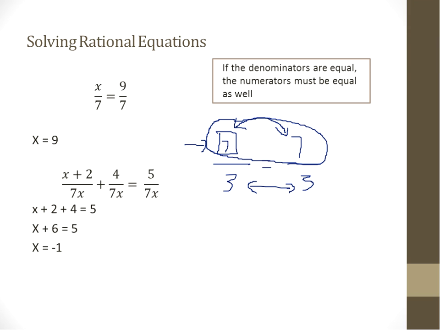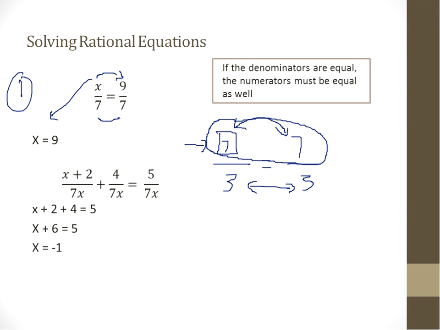But the point again is, if denominators are equal, then the numerators must be equal as well. So we start with the first example: x over 7 equals 9 over 7. If these two are equal, I know 7 equals 7, so the x value here must be 9.